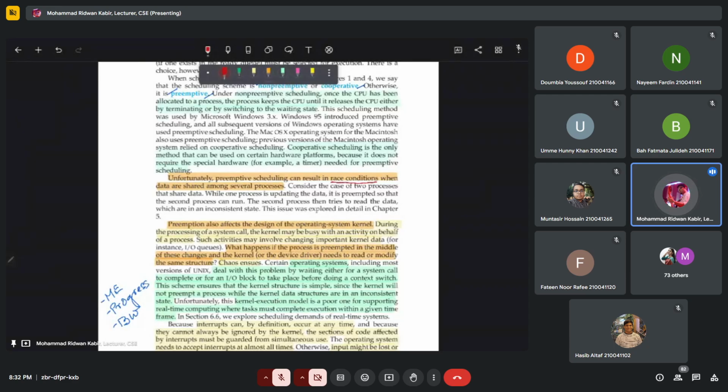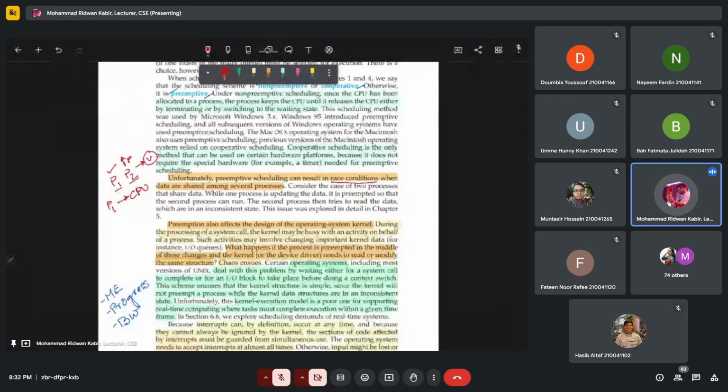So let's say there are two processes, P1 and P2. Let's say P2 has higher priority and P1 is already executing. So P1 is already in the CPU, right? What if P1 and P2 share a common variable v?